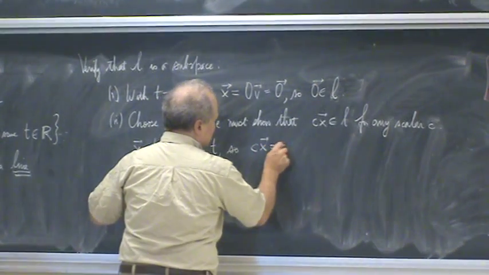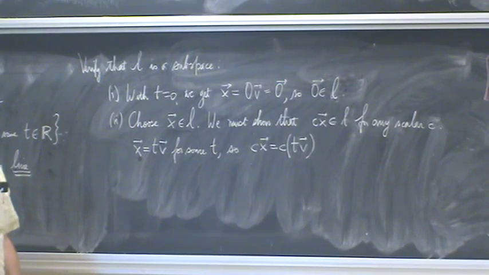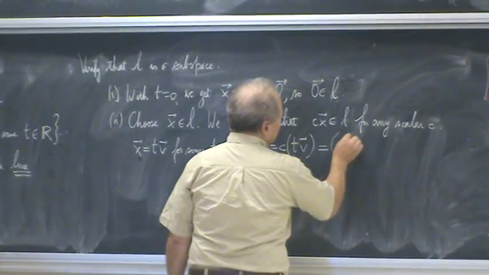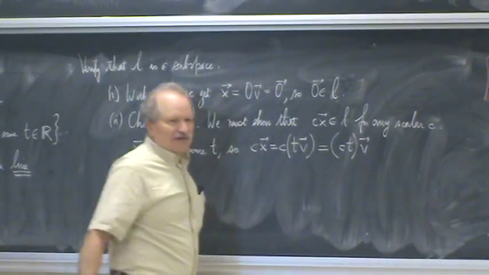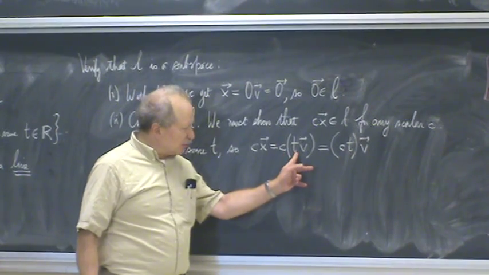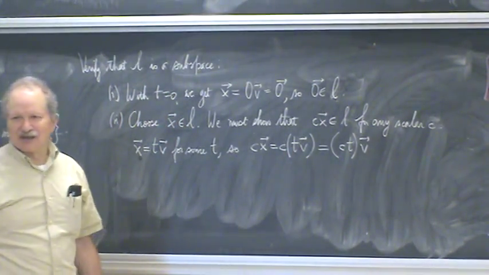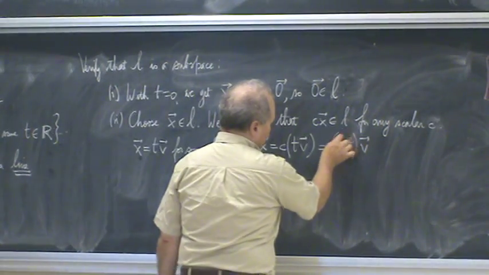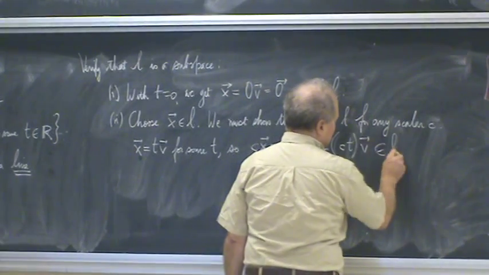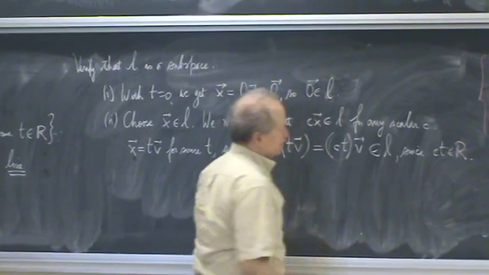So cx is c times tv, which equals, by the way you do scalar multiplication, if you scale a multiple, you just do the product of the scalars. You can just check that from the definition. Is this a real number? Is that a scalar? Sure. So this is in L, since ct is again a scalar.